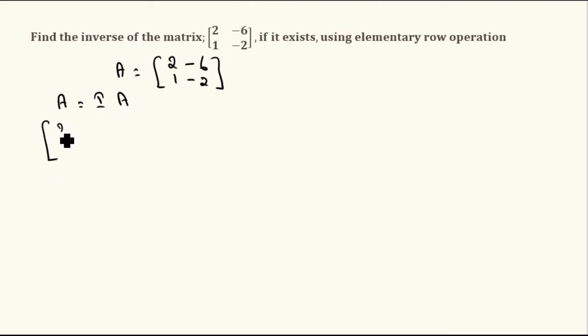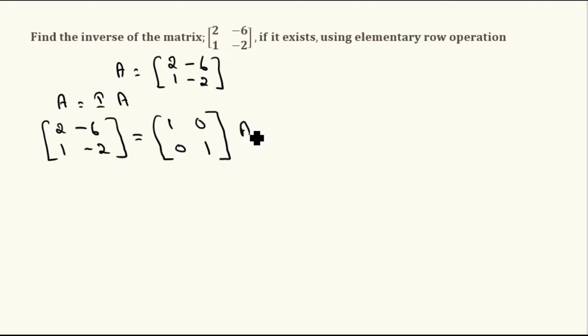So 2, minus 6, 1, minus 2 equals I, which means 1, 0, 0, 1, the identity matrix, then A. We are writing A itself, we are not writing the elements there. Now this given matrix A, if you are able to make this one I, we can say this matrix is the inverse of this. This is our target.